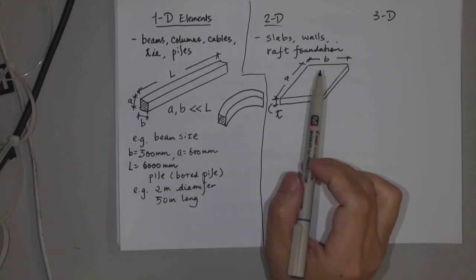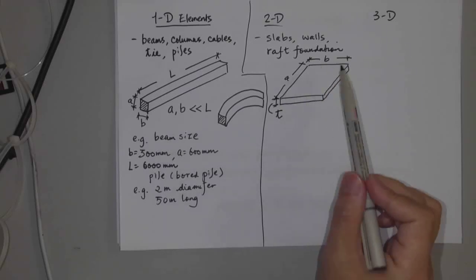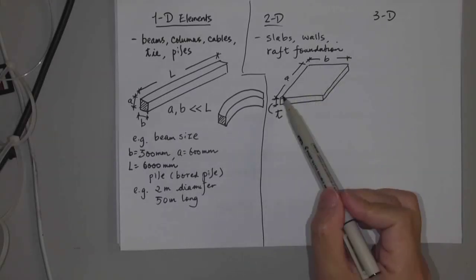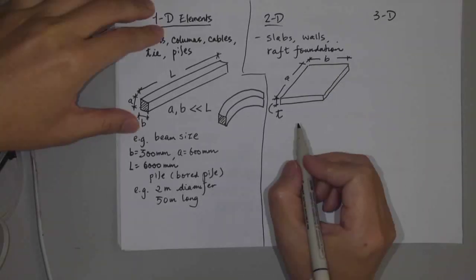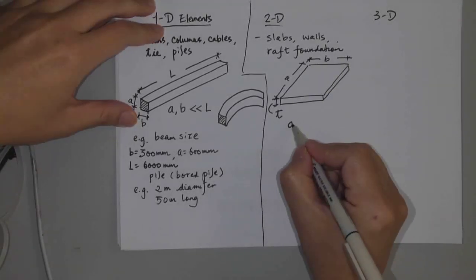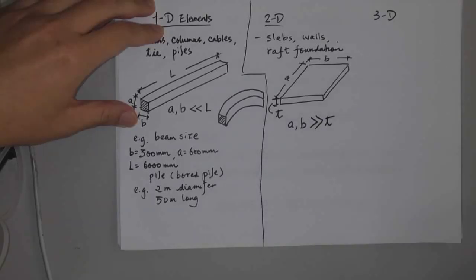So what is so special about slab and wall or raft footing in terms of the dimension? The thickness t is usually very much smaller than a or b. So in this case, a or b is very much larger than t.